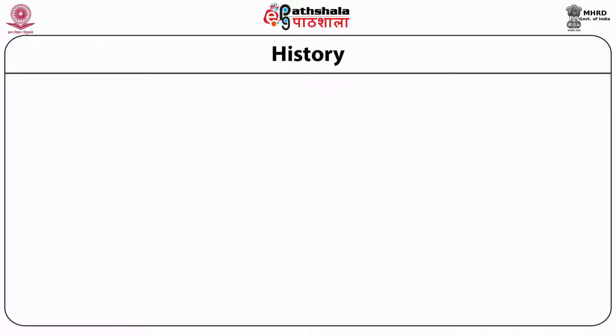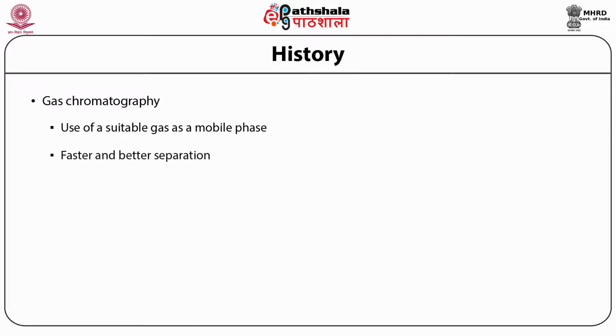Due to high solute diffusion in a gas, use of a suitable gas as a mobile phase was recommended over a liquid mobile phase. By using a mobile gas phase, transfer of solute between the two phases would be faster and yield better separation.